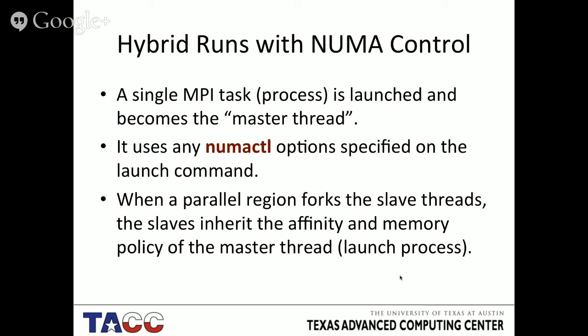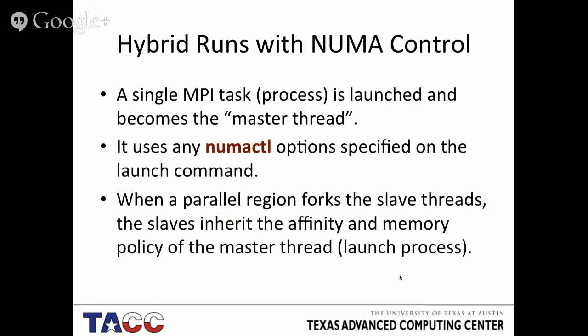So again, to go back into how these things are launched and what's happening, normally you have a single MPI task launched on a socket, or actually on the hardware node, and that guy becomes the master thread.